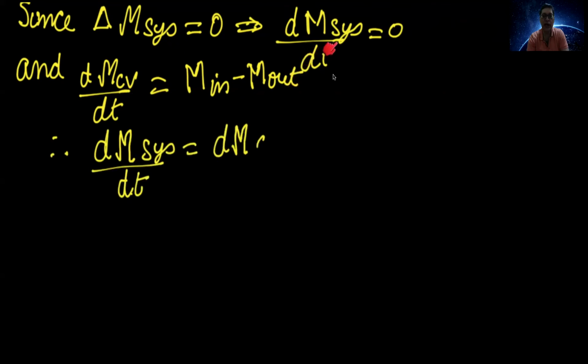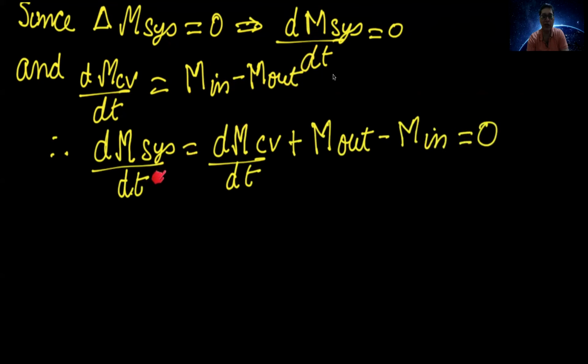So basically I am reconverting this equation with the right hand side as 0, and equating it to obtain this equation. The purpose is to show you the relationship between the time derivative of mass for a system and mass for a control volume.